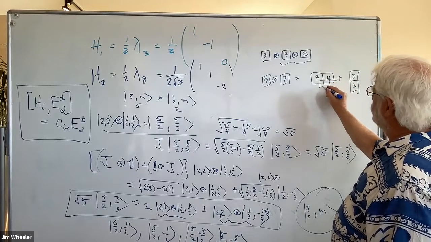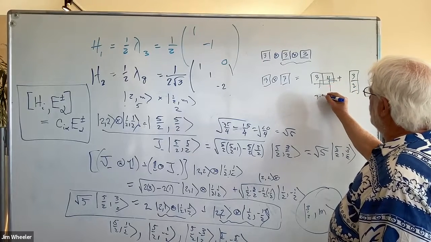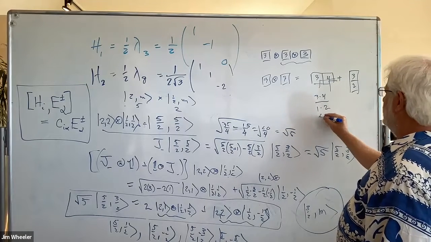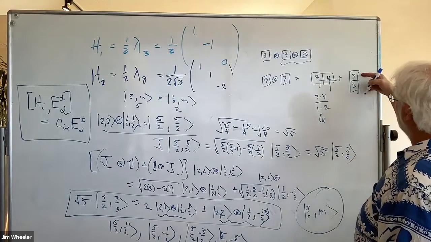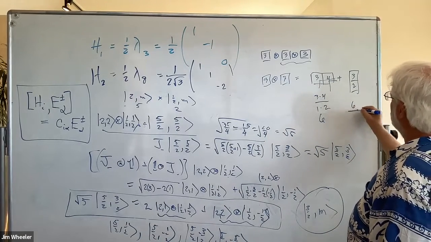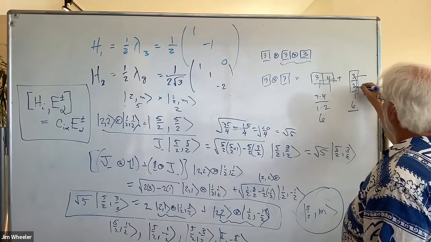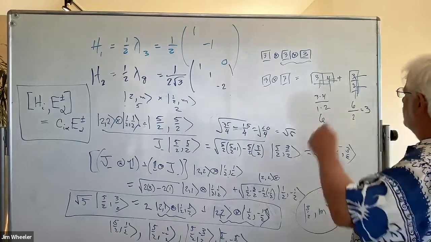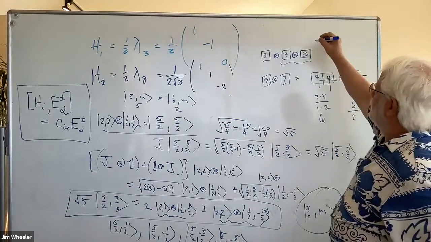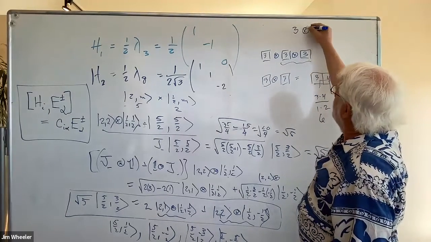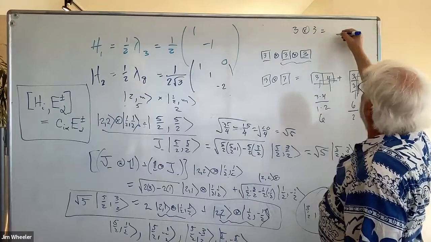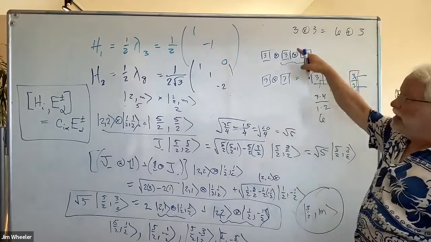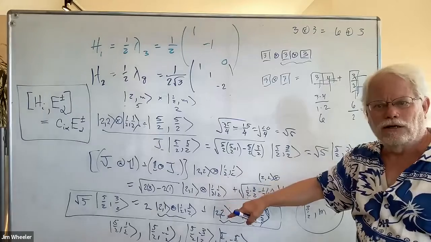There's a 1 and a 2, so 3 times 4 over 1 times 2 is 6, and then 3 times 2 over 2 times 1 is 3. So this says that 3 by 3 is a 6 plus a 3. This is just like the Clebsch-Gordan thing we were doing here, right?